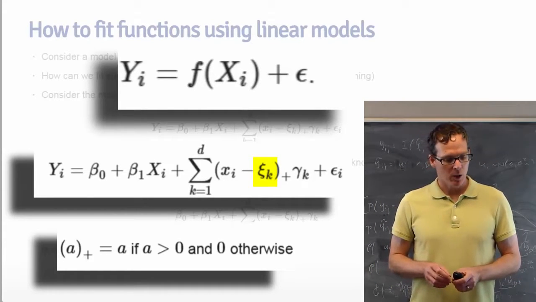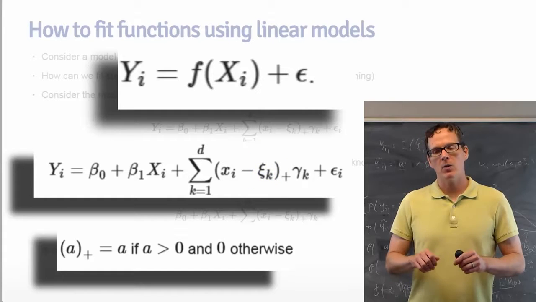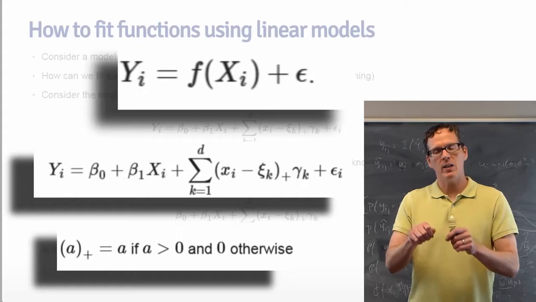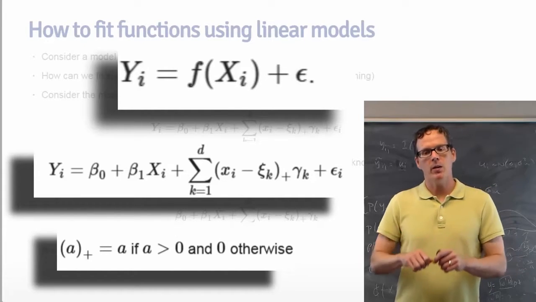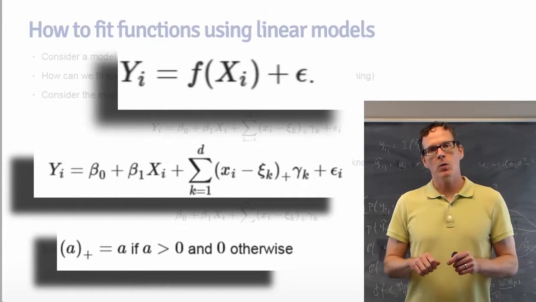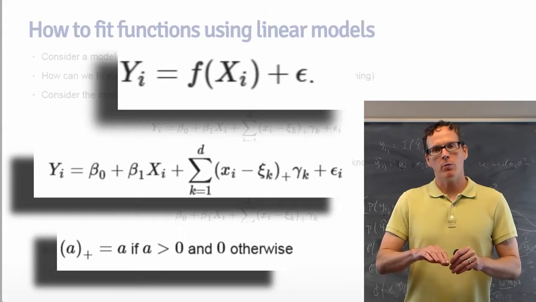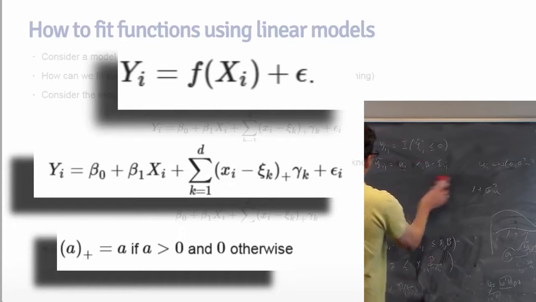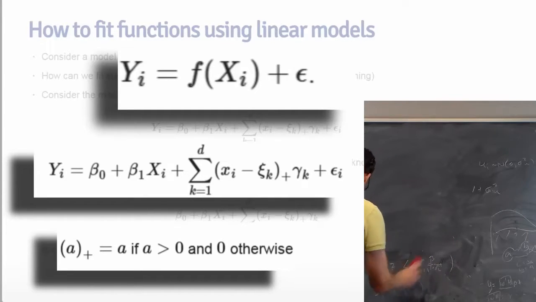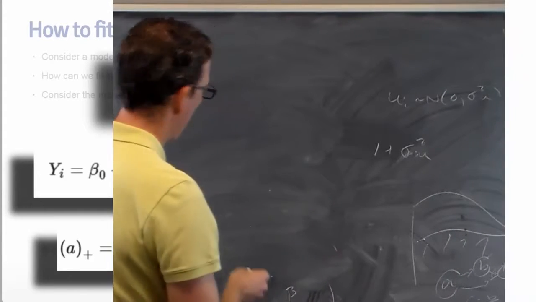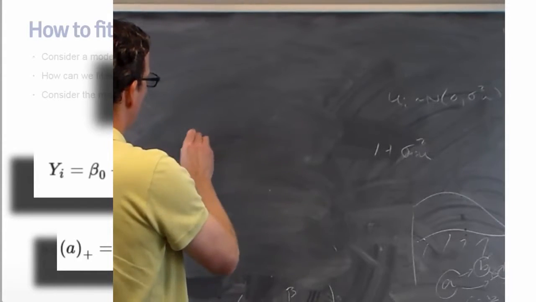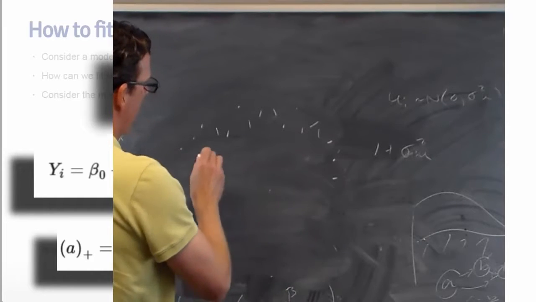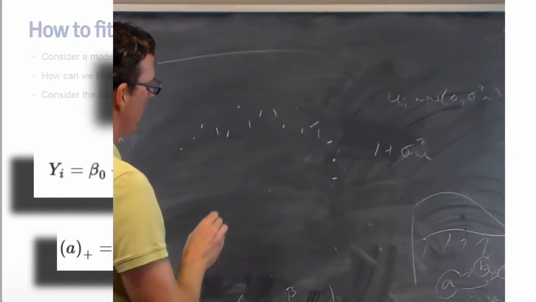Imagine a stick that, if you break it, just creates a kink in it. Rather than breaking it apart, it creates a kink. So imagine our data looks something like that, and we have a stick and we want to fit this function.